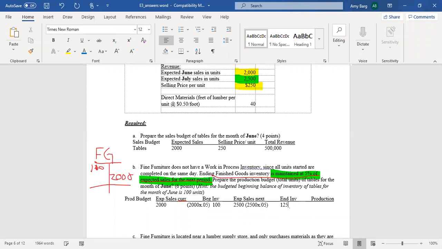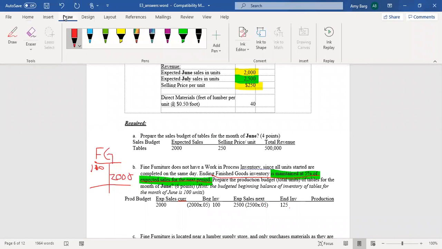So that means that our ending inventory for our little T account has to be 125. And now what we're looking for, that production number at the end, that's this number here.